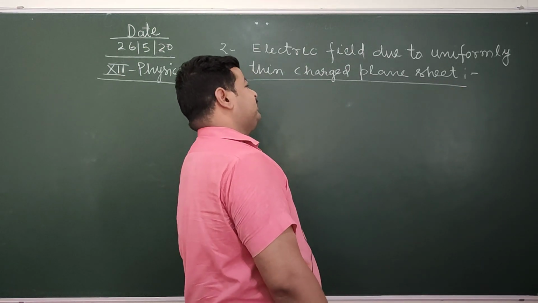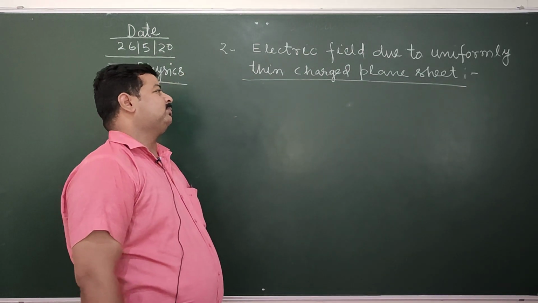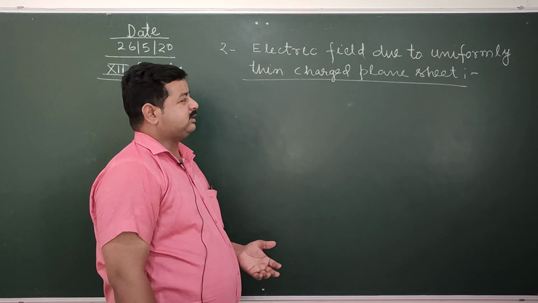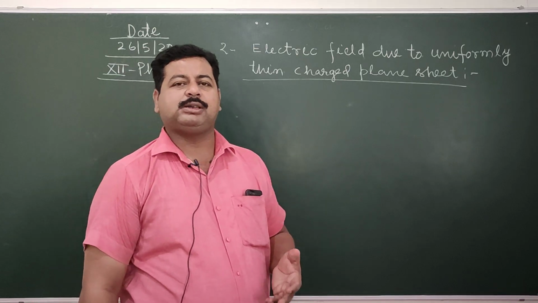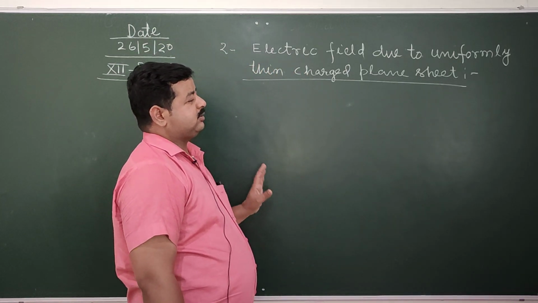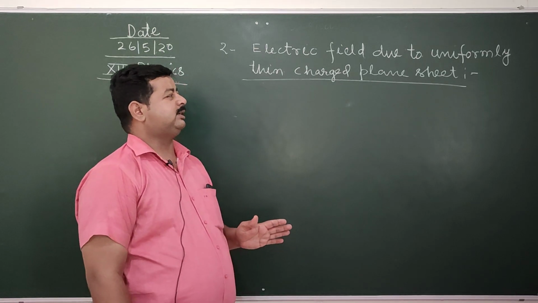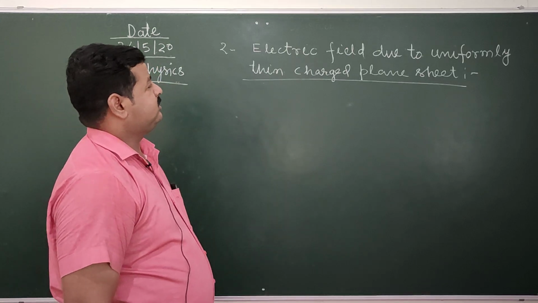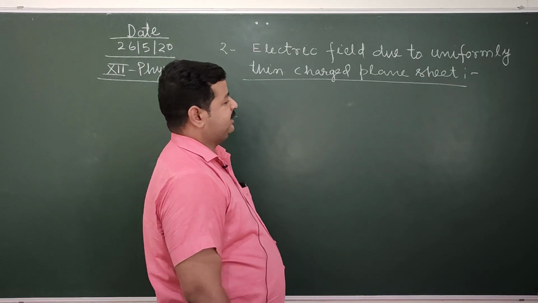This topic is very important for the board examination, because this topic is asked in the board examination, and the numerical related to the topic is also asked many times. So here we calculate the electric field due to a uniformly thin charge plane sheet.